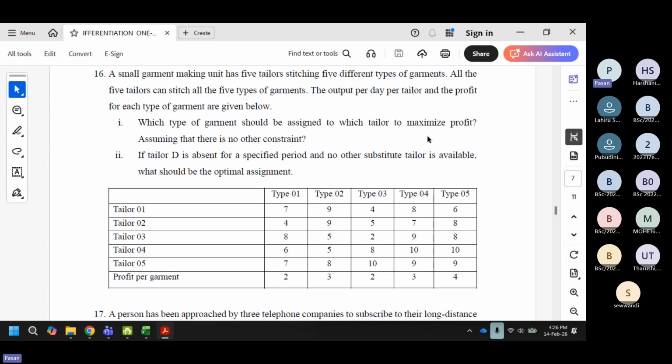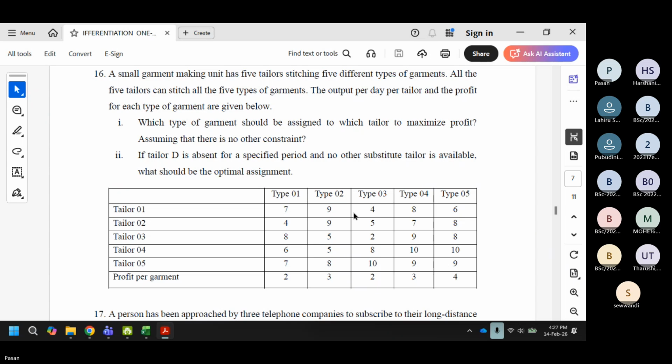So then now we have to decide that each tailor can produce only one type. That information is missing here, so I need to find out the correct wording here, right? So each tailor can produce only one type, and then two tailors will not provide the same type. So we have some restriction like that, right?